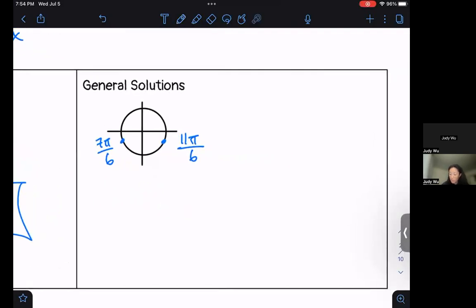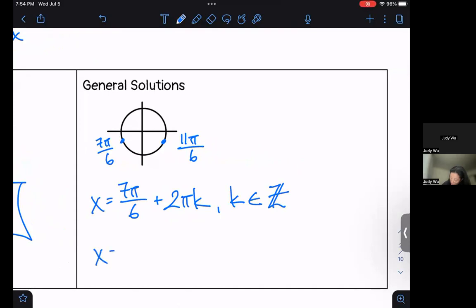Now, just like the other one, in example 2, I had to write them as two separate statements. We're going to do the same thing here. X equals 7 pi over 6 plus as many times around the unit circle that I want, as long as k is an integer, and x will equal 11 pi over 6 plus as many times around the unit circle as long as k is an integer.